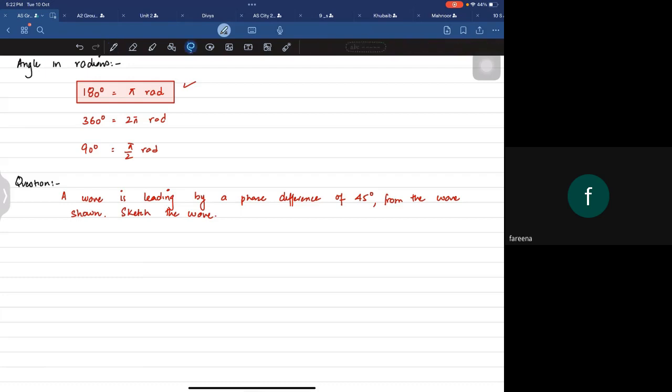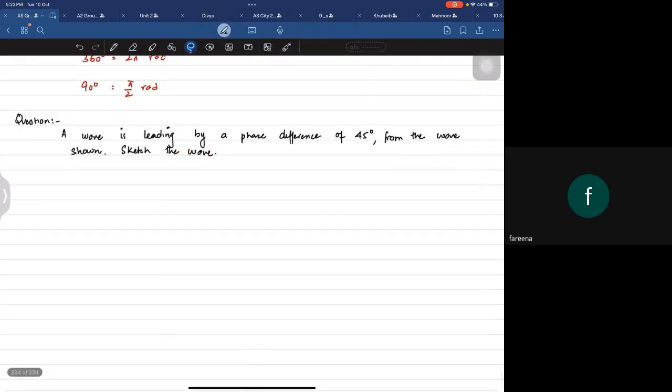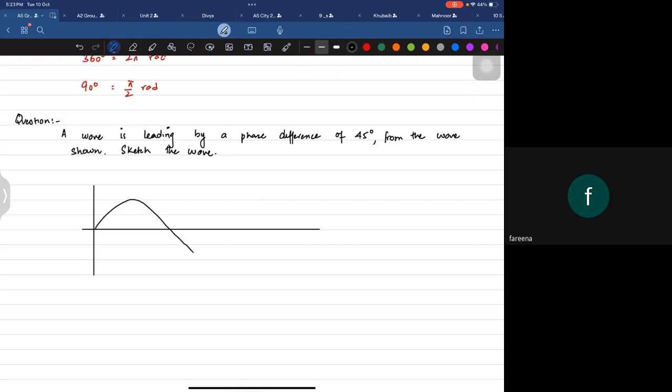I'm just going to make it black. They've already shown you a wave which sort of shows you something like this.